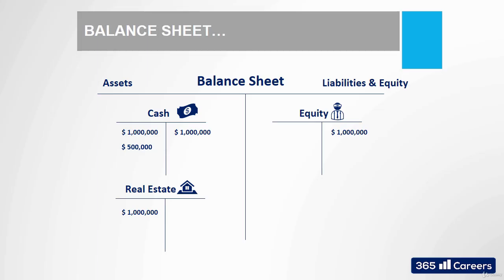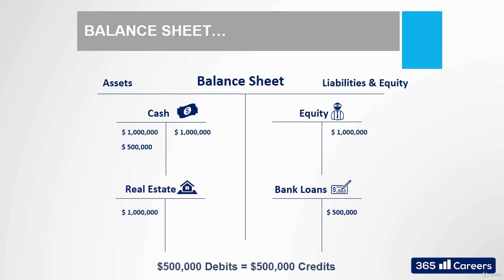It will create a new T account, bank loans. When a liability is increased, it needs to be credited, which means that we need to write the number on the right side of the account. $500,000 on the right side of the T account describing bank loans. Now the accounting equation is satisfied.